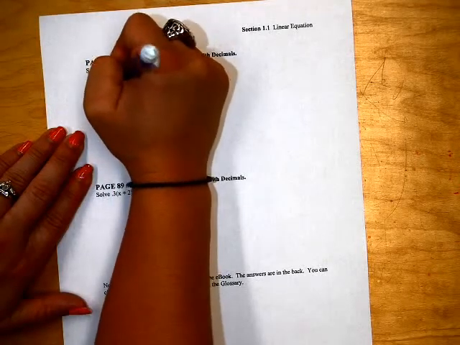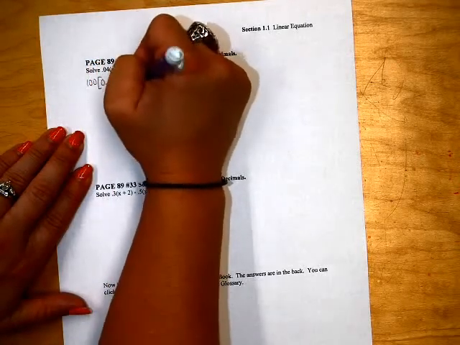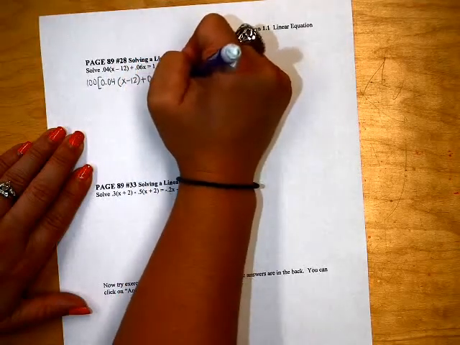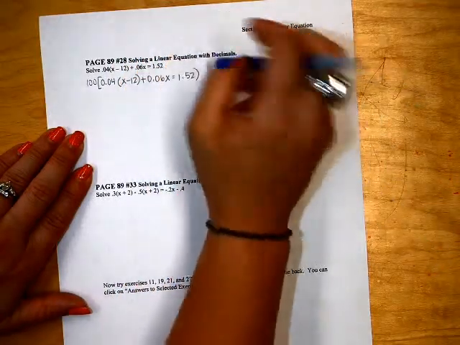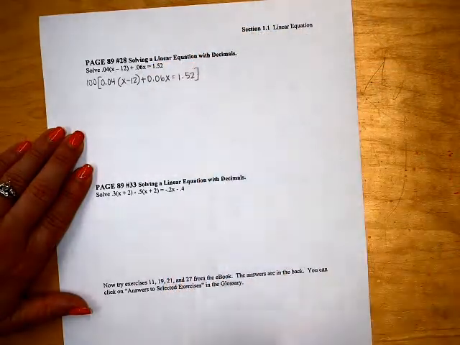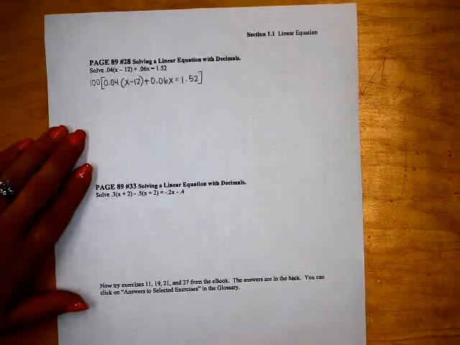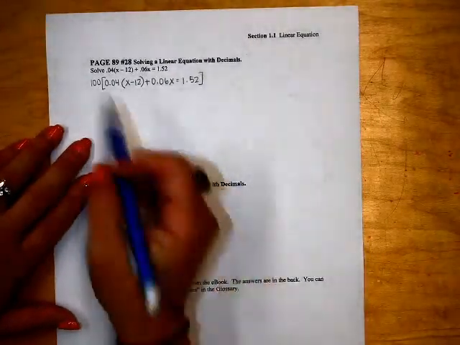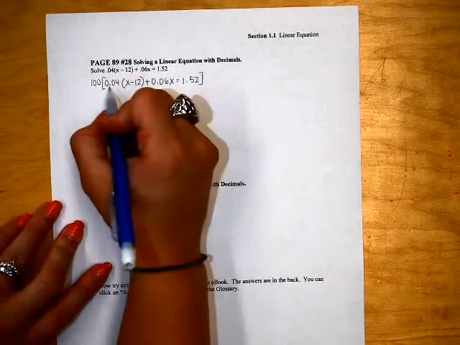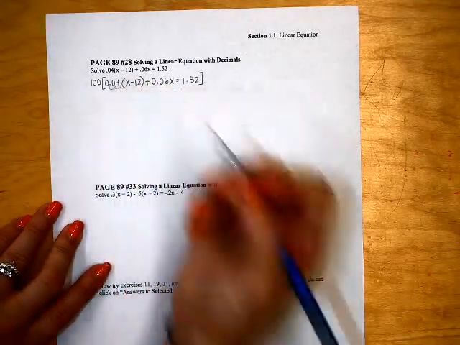And remember, again, the idea is the same as eliminating fractions, and that is once you eliminate your decimals, then you will work this the exact same way as you would any other equation. Alright, so when we multiply 100 times 0.04, that moves your decimal 2 places to the right.